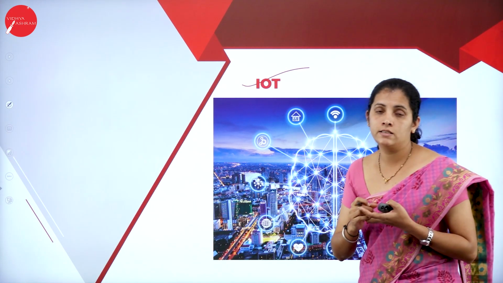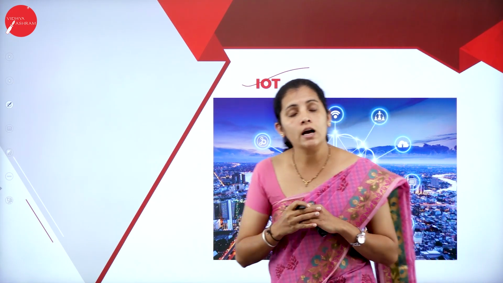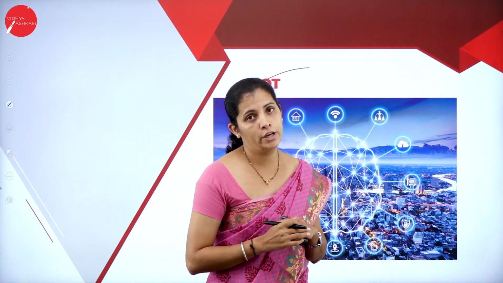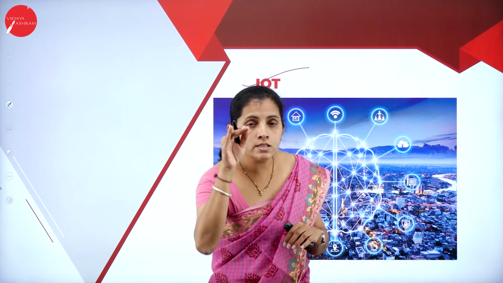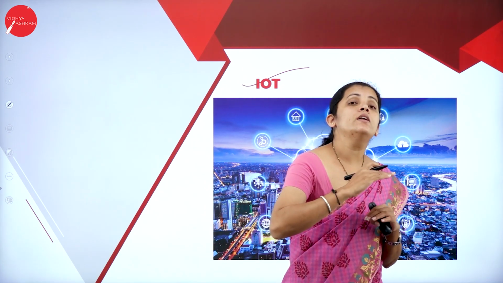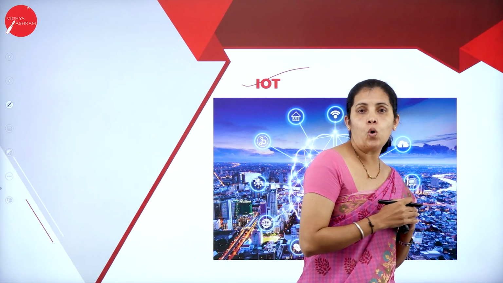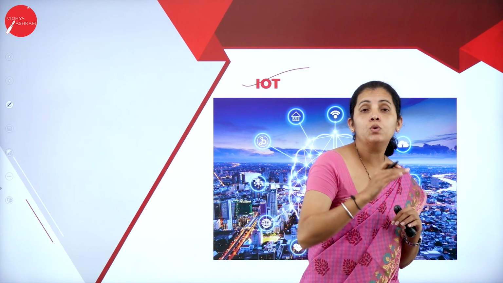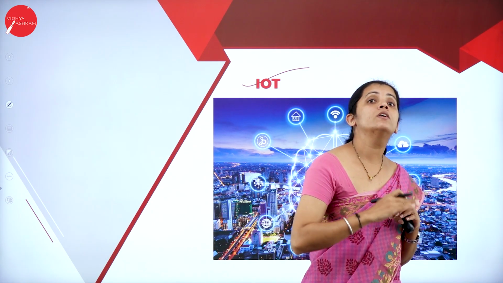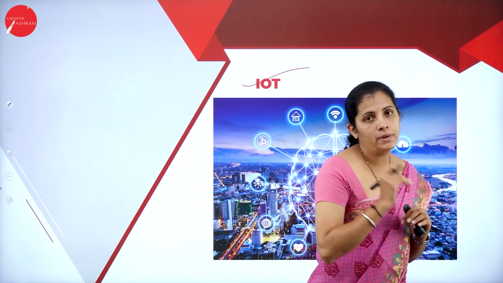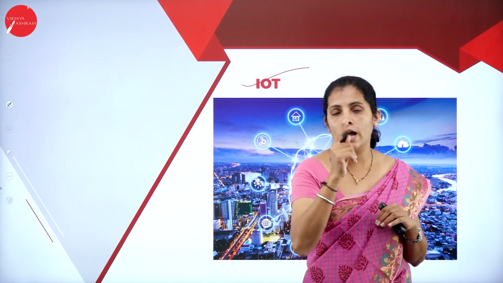Based on the sensor, I can control the electronic equipment. Consider the example that you have kept milk to boil on the stove. Now you are away from your home and you want to turn off your stove. That can be achieved by using IoT.